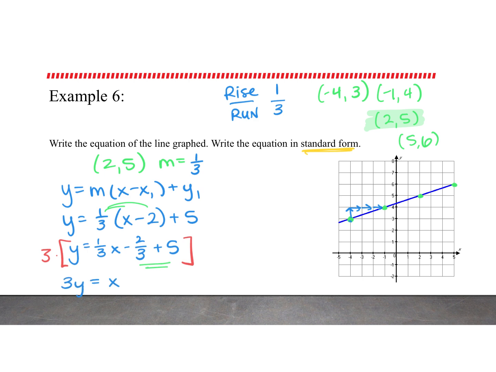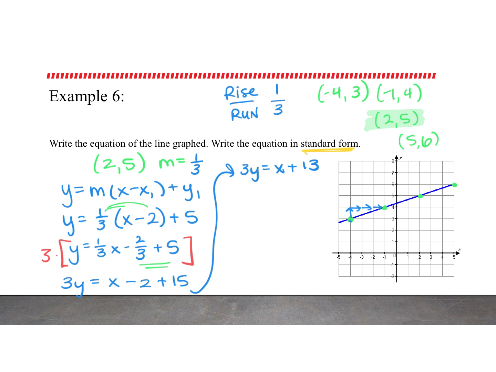3y equals x minus 2 plus 15. That's going to make my life a little bit easier, because now I can do 15 minus 2 to get 13.